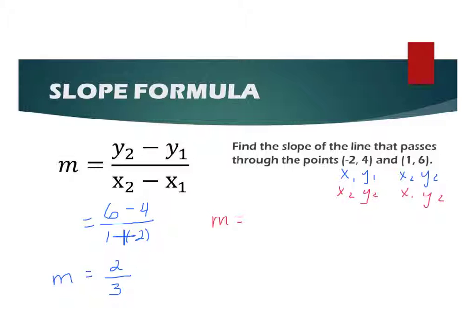So y2 in this case is going to be 4. y1 is 6, so 4 minus 6. x2 is negative 2. x1 is 1, so that's negative 2 minus 1. 4 minus 6 is a negative 2. Negative 2 minus 1 is a negative 3. Negative 2 over negative 3 is still going to give me a positive 2/3. So my slope is the same no matter which point I use as the first point and the second point.